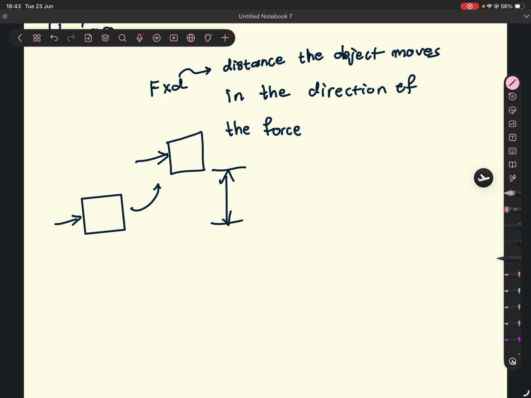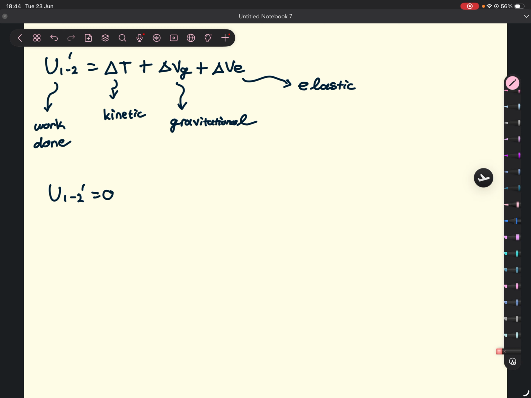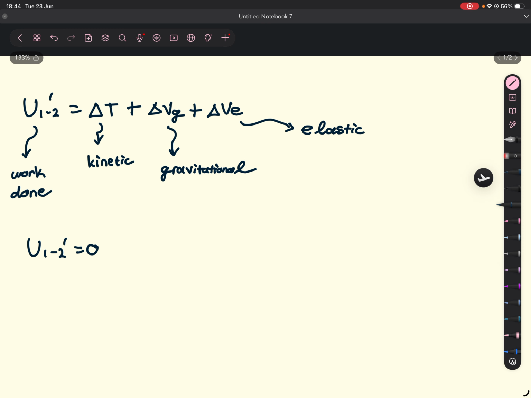And then going back to this equation, if you look at this equation, this basically accounts for not all forms of energy in the system, because there's still things like thermal, sound, and all of that this equation doesn't account for.